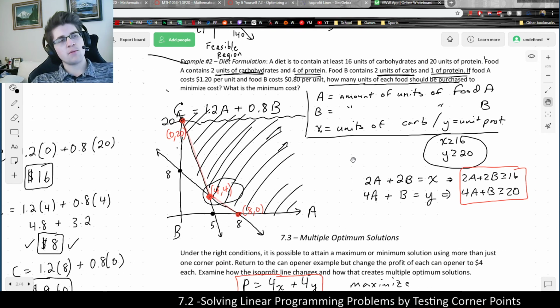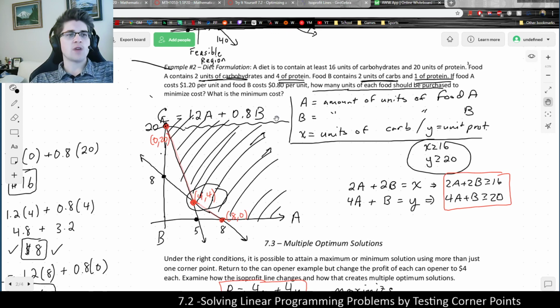And I remind you that the general strategy for solving these types of problems in your homework is to try to write the equations. So try to find the constraint equations, try to find the cost equations. Do your best. If you get stuck, come ask me for help. Ask a tutor, ask a friend, see what you can do.